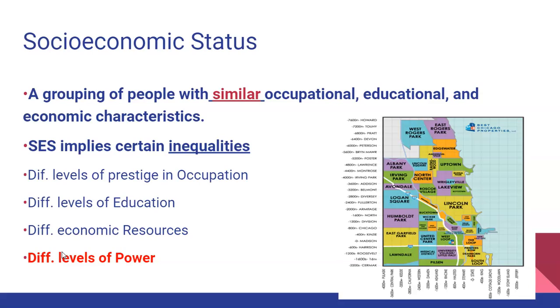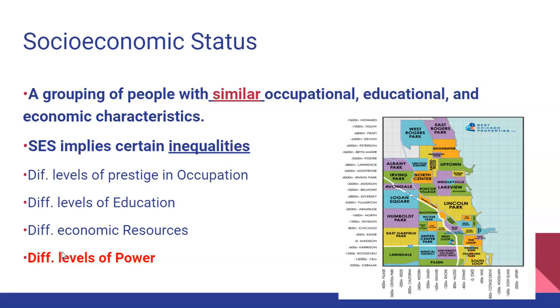And when I say different levels of power, I mean different levels of power to influence a community's institutions. So, power to influence the government, power to influence the school system, power to influence businesses. Different levels of power are accounted for in socioeconomic status.